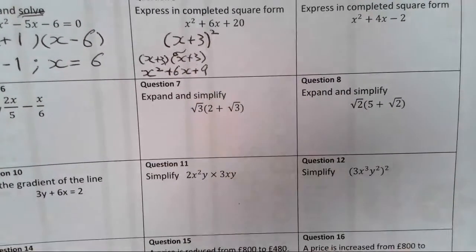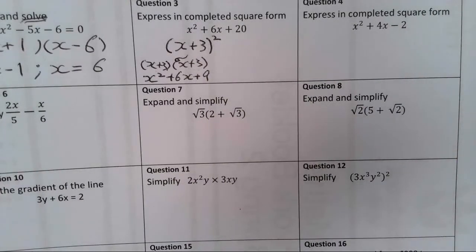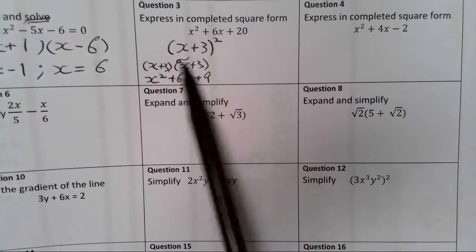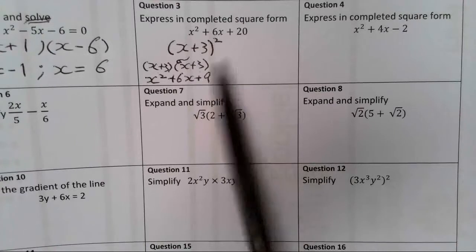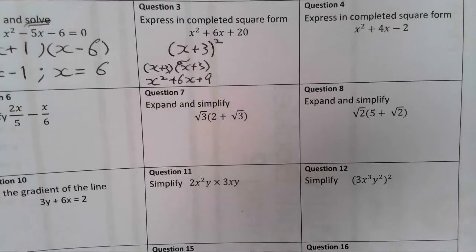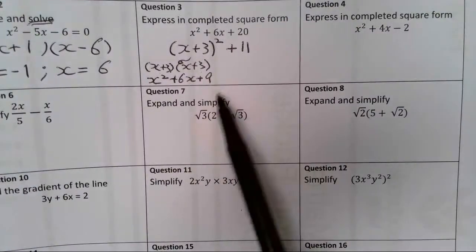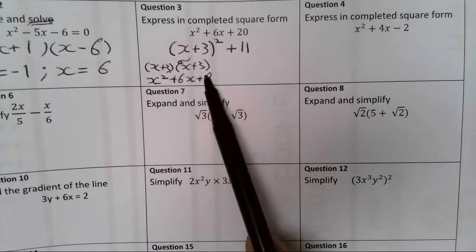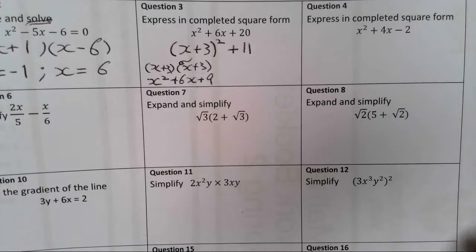So it doesn't actually match up exactly to this here. So it's called a completed square because I need to complete this. I've got a square here, but I need to add something on to make it exactly identical. So in this case, I'm going to add on 11, because if I were to add on 11 to the plus 9, I would get plus 20, and that would make those equal to each other.